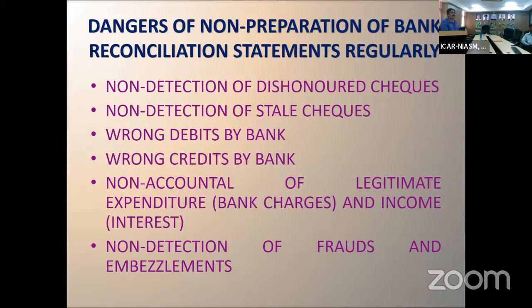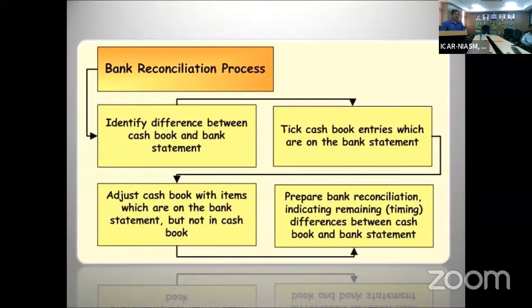If we are not convinced, if it is not as per provisions or not as per actual, we may approach the bank and say the debit made by the bank is not correct, please revert this and give the credit. There may be a wrong debit or a wrong credit. Again, fraud or embezzlement of cash can be detected by preparing BRS.